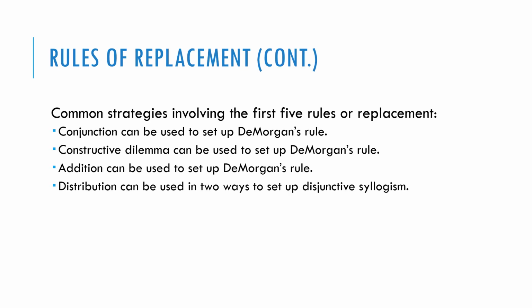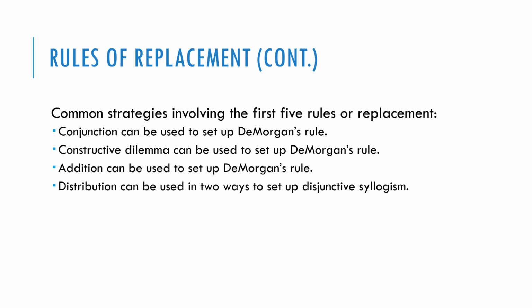Now, when it comes to these first 5 rules, some common strategies might be that conjunctions can be used to set up De Morgan's rule. Similarly, constructive dilemmas can be used to set up De Morgan's rule. Addition can also be used to set up De Morgan's rule. And note that distribution can be used in 2 ways to set up a disjunctive syllogism. So all you need to do is go back and look at De Morgan's rule or this disjunctive syllogism to see how it is that these constructive dilemmas, additions, and conjunctions all apply to the same rule.